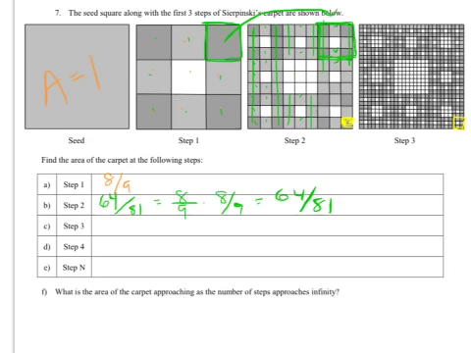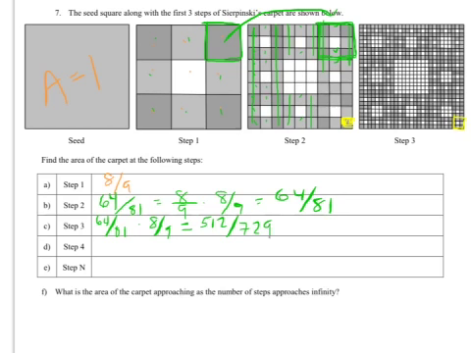So I'm going to take 8/9 of the area that I had in the previous step. So I would take the area I had in the previous step, 64 over 81, multiply by 8/9. And let's see, 64 times 8 is 512, and 81 times 9 is 729.